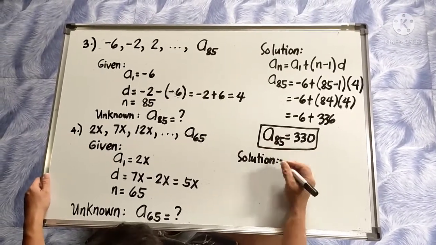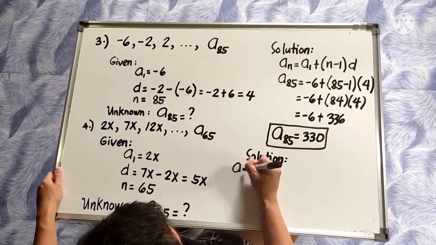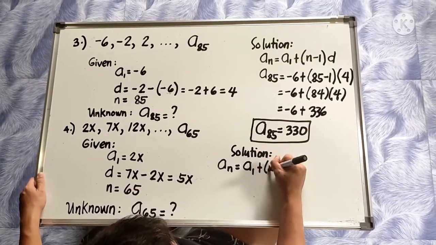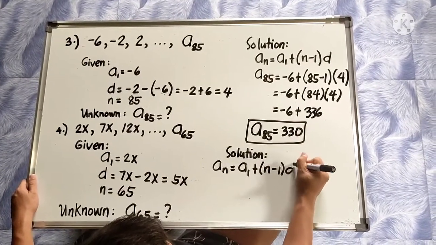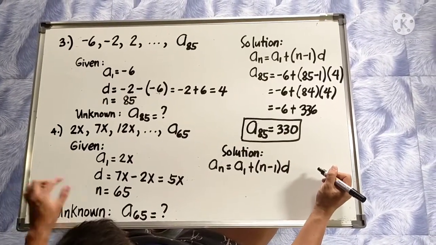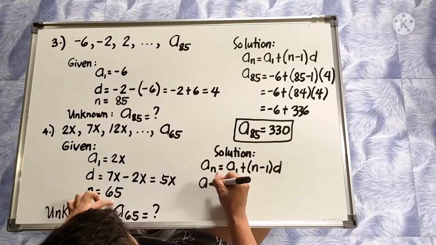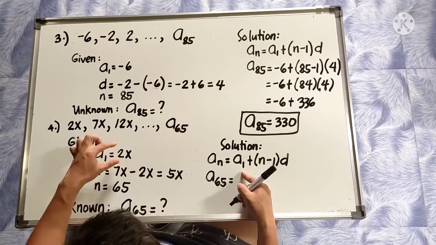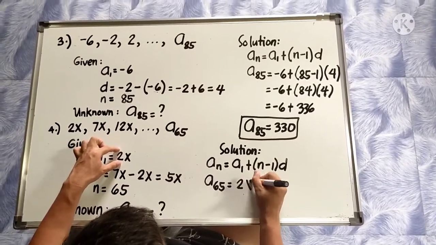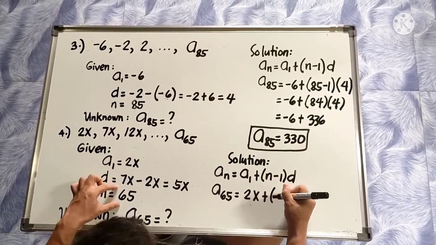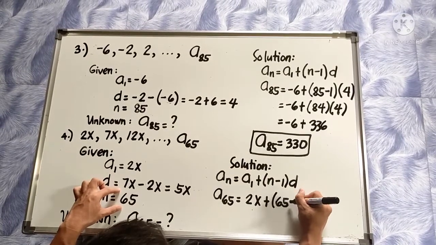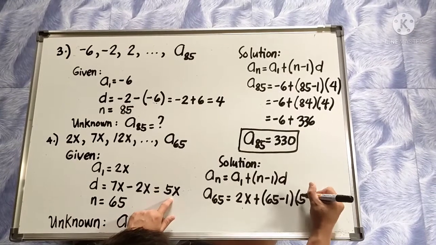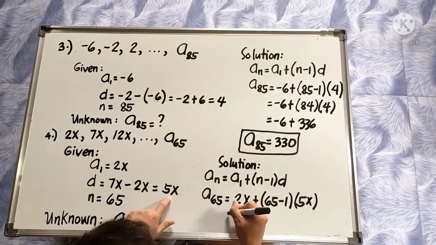Okay? Now, proceed to your solution. Our solution, start with the formula. A sub n is equal to a sub 1 plus quantity of n minus 1 times d. Substitute. Our a sub n will become a sub 65. Our a sub 1 is 2x. Then our n is 65 minus 1 times d, which is 5x. Simplify further.